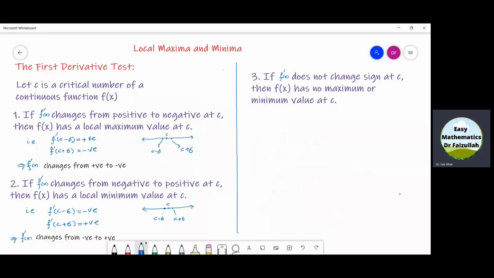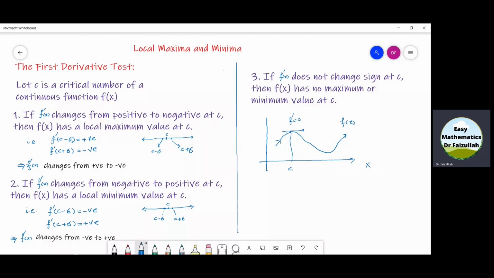Let us explain the first derivative test by the graph of some function f of x. So I draw the graph of some function f of x. Now the first task is to find the critical points. So at the critical point, f dash must be equal to 0 because the tangent must be parallel to the horizontal axis. And we can see that point C is the critical point.